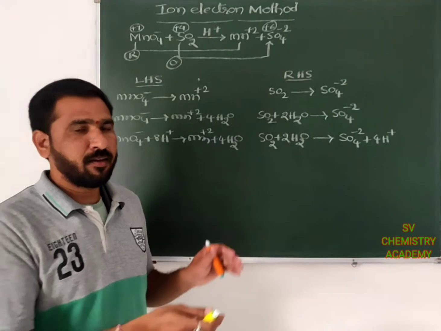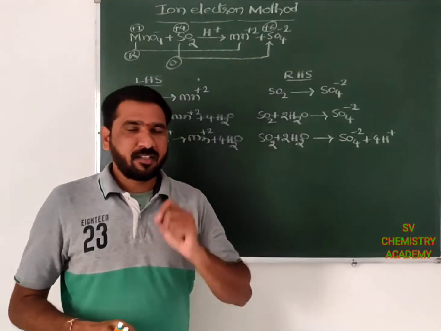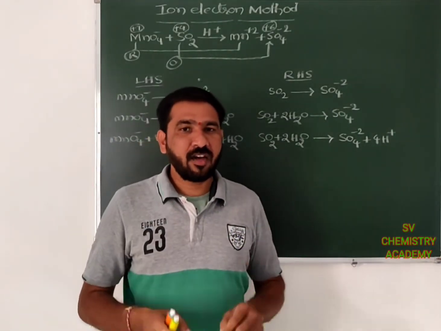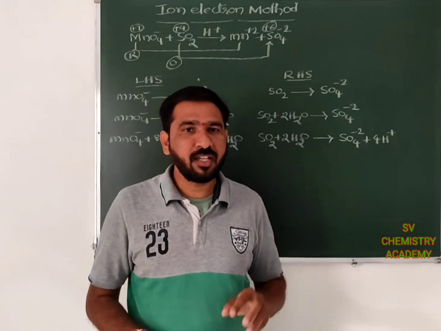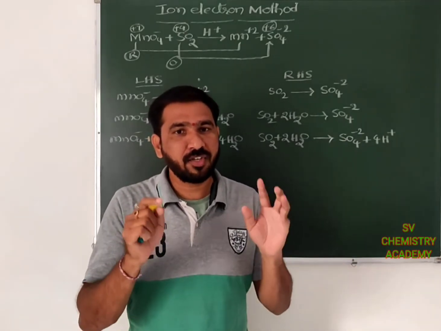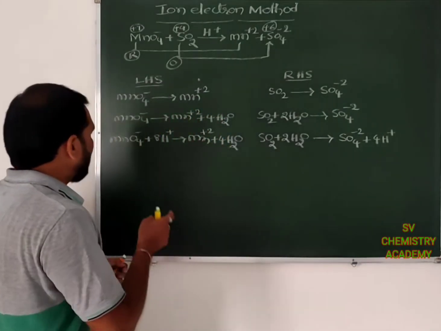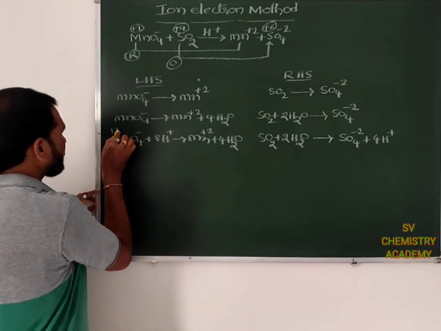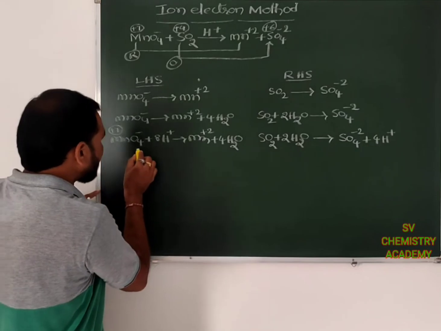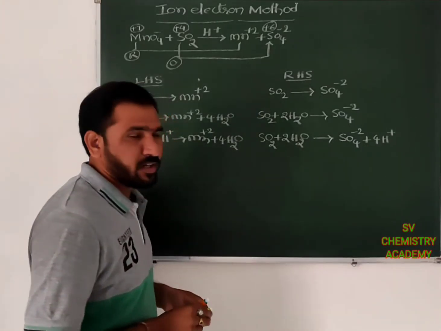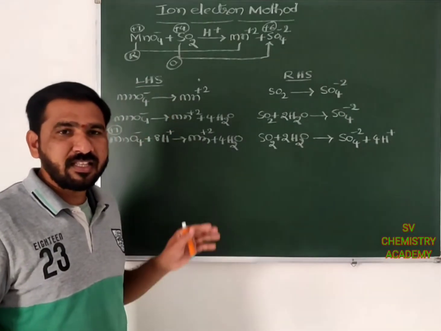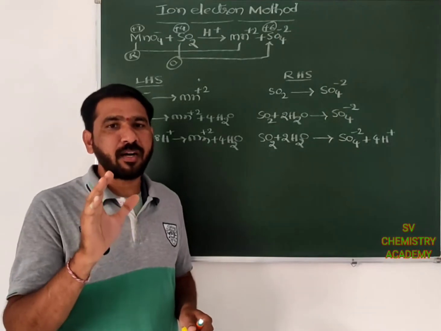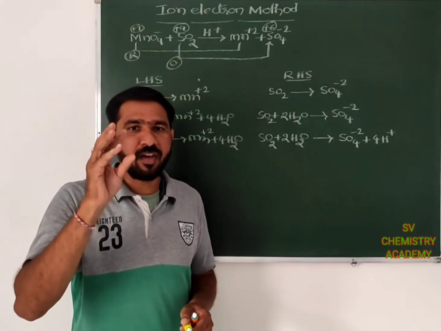After that, balancing of electrons, or balancing of charge by using electrons. So here, the left side manganese oxidation state is plus 7. This plus 7 is converted to plus 2. It means in this step, how many electrons participated? 5 electrons.